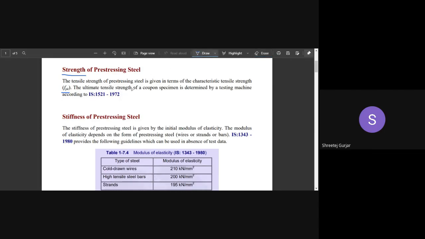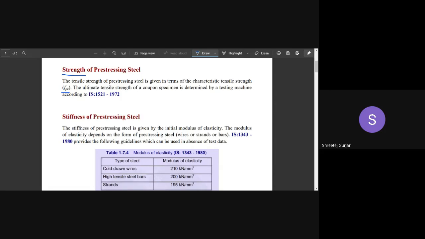The ultimate tensile strength of a coupon specimen, that is a sample specimen, is determined by the testing machine according to IS 1521 1972. If you look into this code, you will have the guidelines on how to conduct and determine the ultimate tensile strength of a coupon specimen.